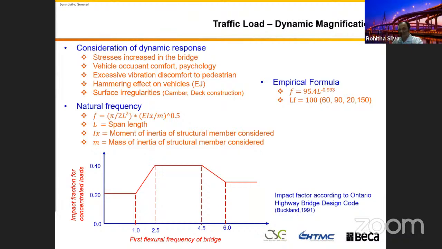We can do a lot of things better now. But as engineers we got an understanding of how a vehicle and a bridge work together. So with that, when we get the dynamic effect, we can convert it into a static effect.